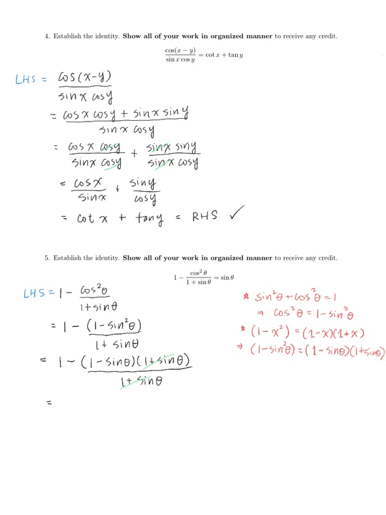So what do we got? We have 1 minus, I'm going to distribute the negative, 1 plus sine of theta. 1 minus 1 is 0, so we're left with sine of theta, which is the right hand side. Yay! I got lucky on this one. All right.